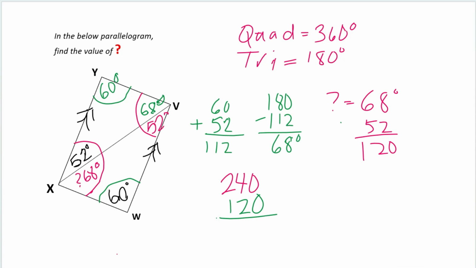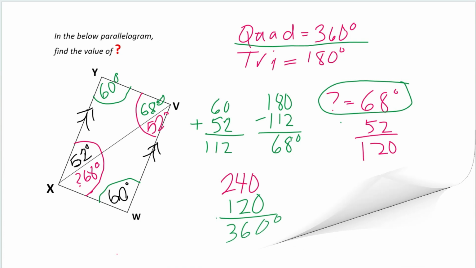So the quadrilateral is equal to 360 degrees, which is what we stated up there. So the answer to the question is 68 degrees, and we confirmed that that was correct by adding up all the degrees of the parallelogram quadrilateral.